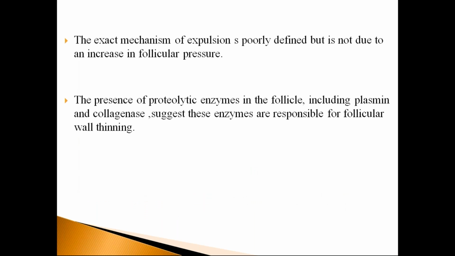So the exact mechanism of expulsion is poorly defined, but it is not due to an increase in follicular pressure. It is due to the presence of proteolytic enzymes like plasmin and collagenase, which are responsible for the follicular wall thinning.